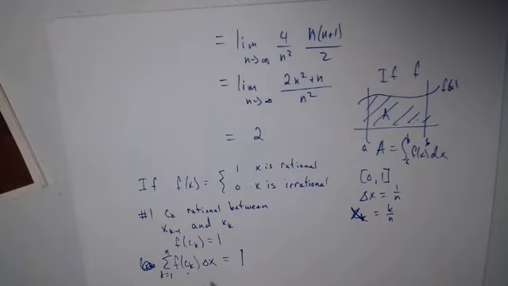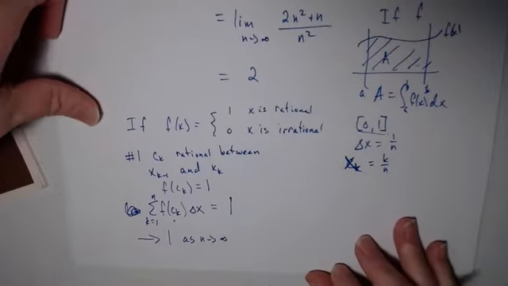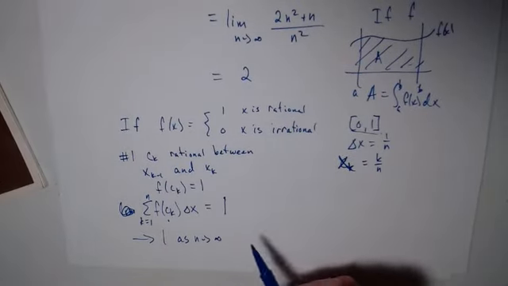We'll have a height of 1, and a total width of our intervals of 1. And so the limit of that approaches 1 as n goes to infinity.